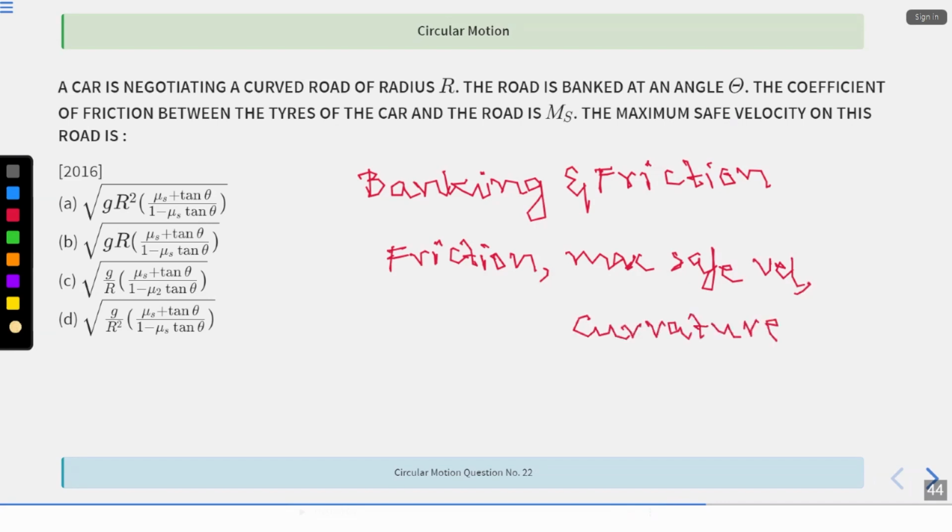So it basically involves too many topics. There are too many small topics that have been combined to make this one. So therefore, we must focus on this one.